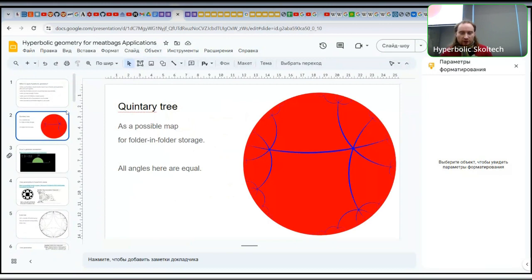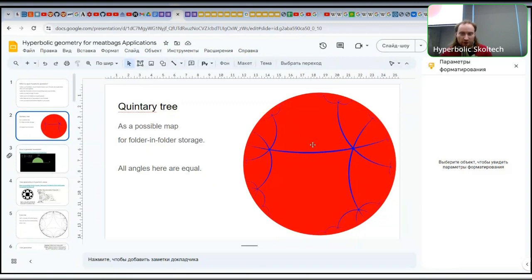Maybe for the start we learn something about information theory. Here you see a hyperbolic embedding of a quintary tree, with 1, 2, 3, 4, 5 branching. All the angles here are equal.